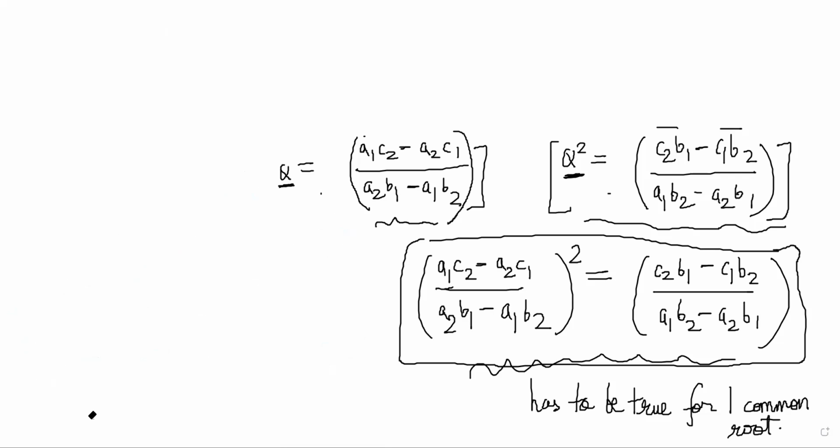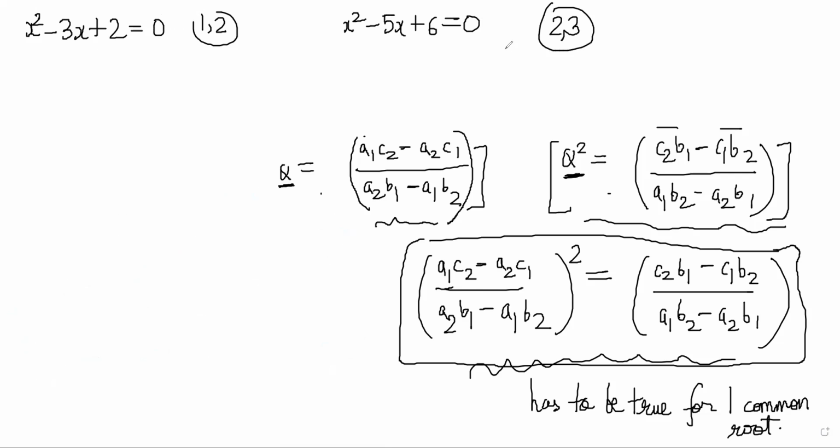So let's verify this relation by checking two equations. Let's say one equation is x square minus 3x plus 2 equals 0. It has roots 1 and 2. Let's construct a new equation, x square minus 5x plus 6. It has roots 2 and 3.